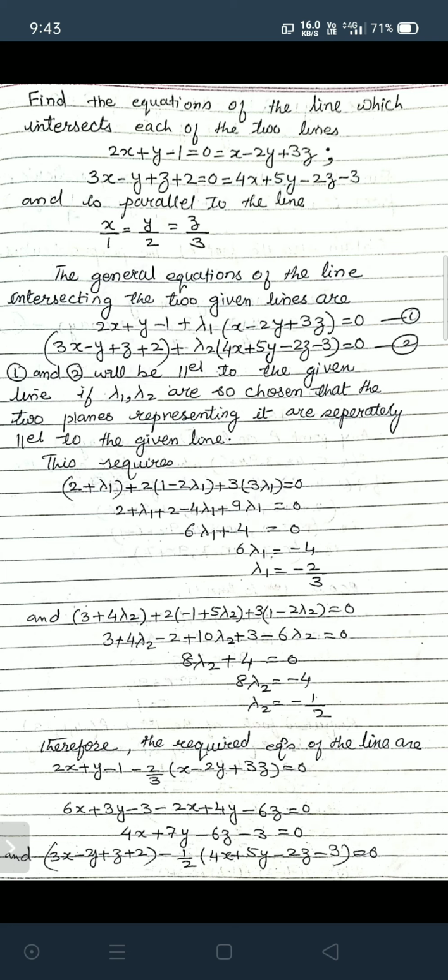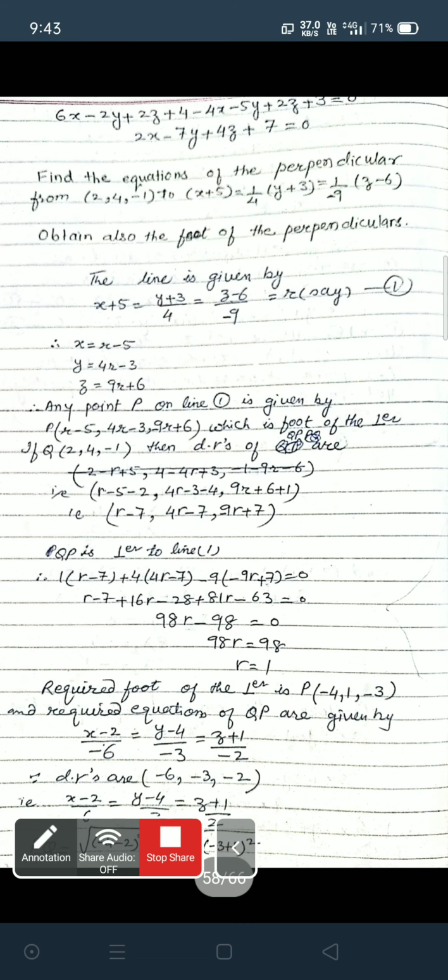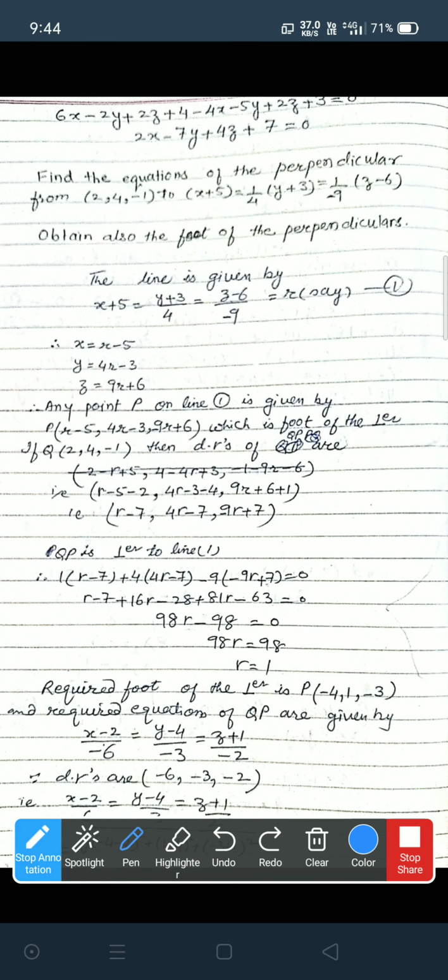Next, put the value of lambda 2 in equation number 2. We get 2x minus 7y plus 4z plus 7 equals 0. So we get the equation of the line in unsymmetrical form.